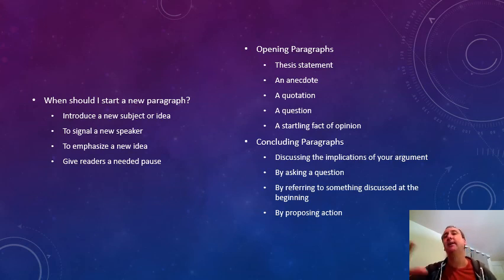So proposing an action, if you can get to the end of your paper and have a good proposition for change or for action, you did a good job at writing your paper.